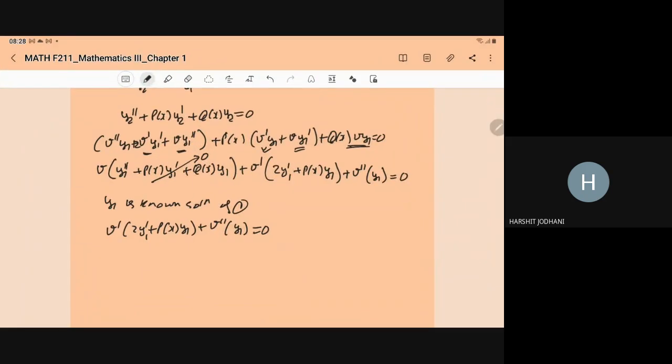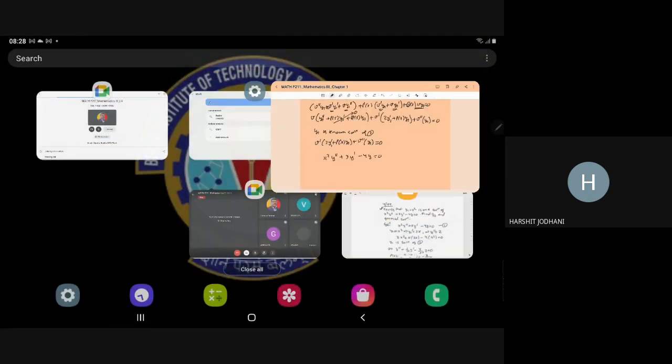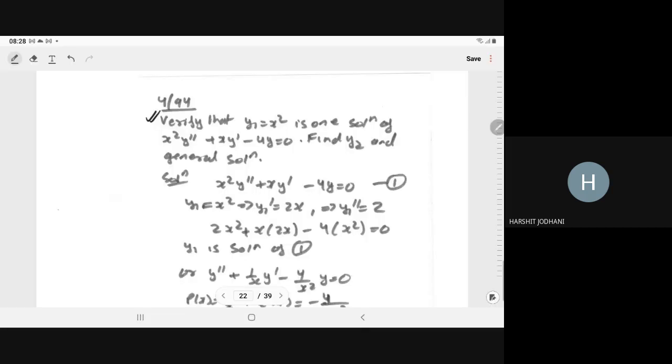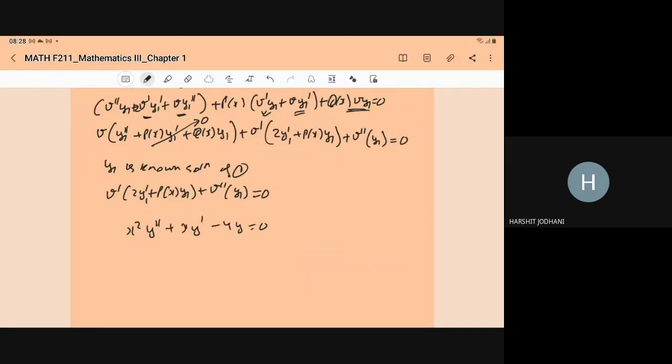So here we have x square y double dash plus x y dash minus 4y is equal to 0. Now it can be written as y double dash plus 1 upon x y dash minus 4 upon x square y is equal to 0.